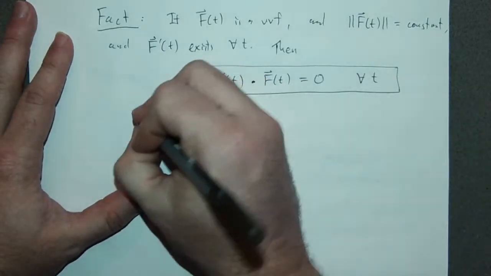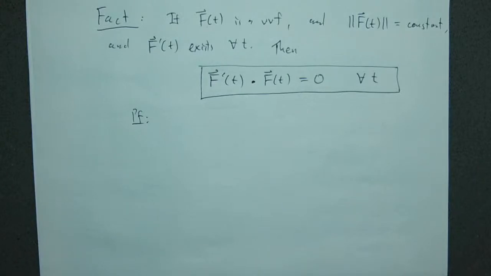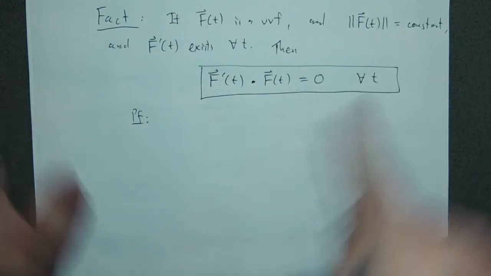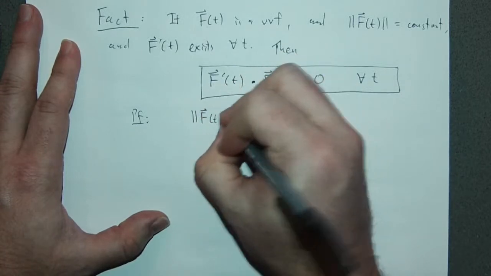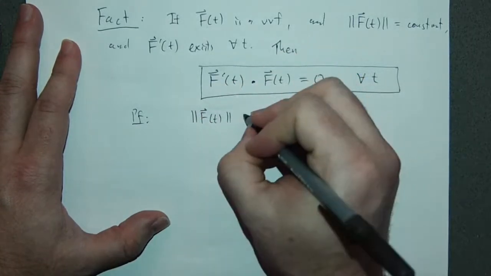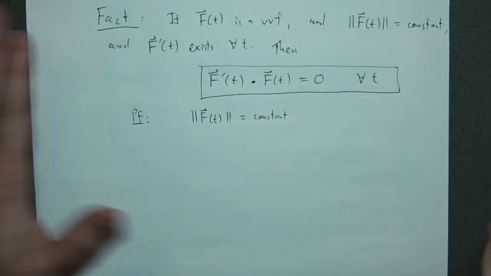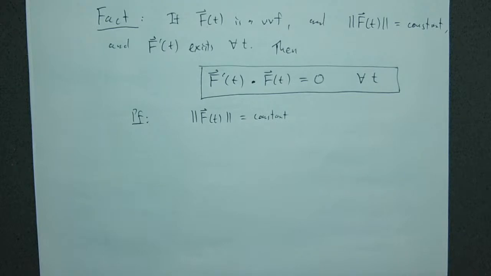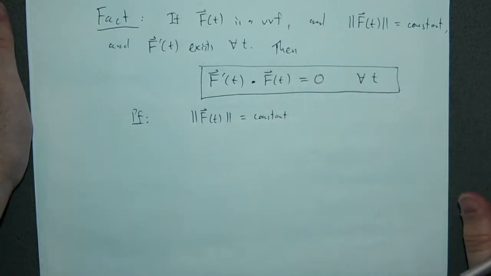How does this work? Actually, we can do a quick proof of this. All it relies on is some of those algebraic things we skipped over. First of all, start with the statement that the length of f of t is a constant. But what's the length of a vector?